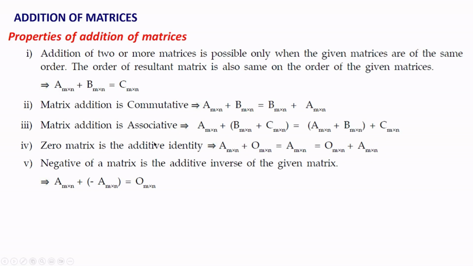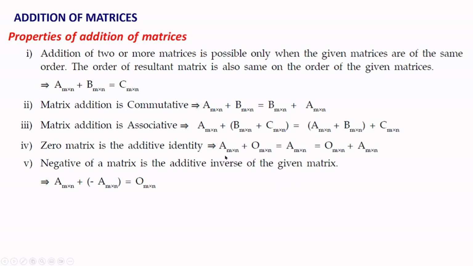So it is associative. Then the next property is the zero matrix is the additive identity. That is, if we add the zero matrix to any matrix, we will get the same matrix. So matrix A plus the zero matrix is equal to A, and it is equal to zero matrix plus A. And then the negative of a matrix is the additive inverse of the given matrix.